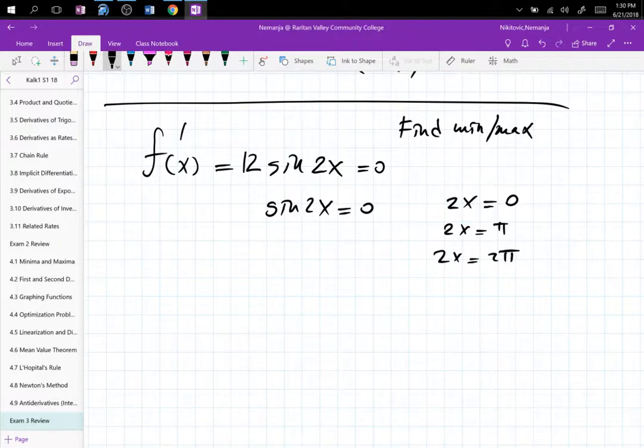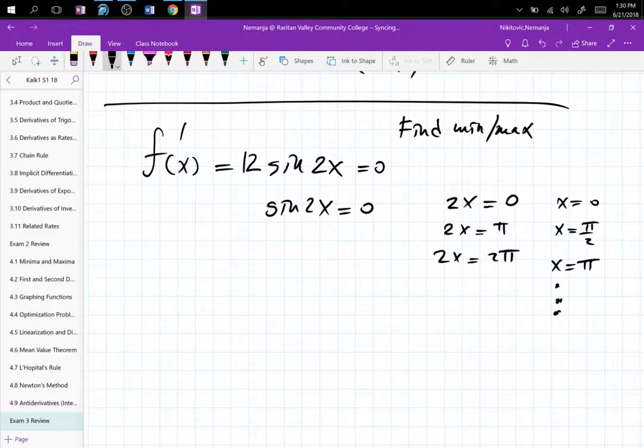And then when you divide, x is 0, x is pi over 2, x is pi, and so on. So at these values, you have min and max. I mean, there's more, but this is where the min max are.